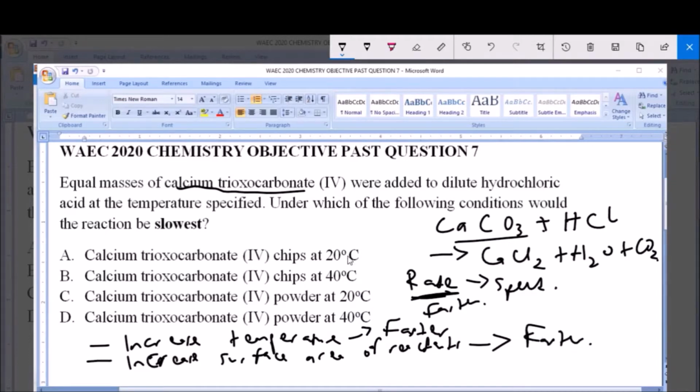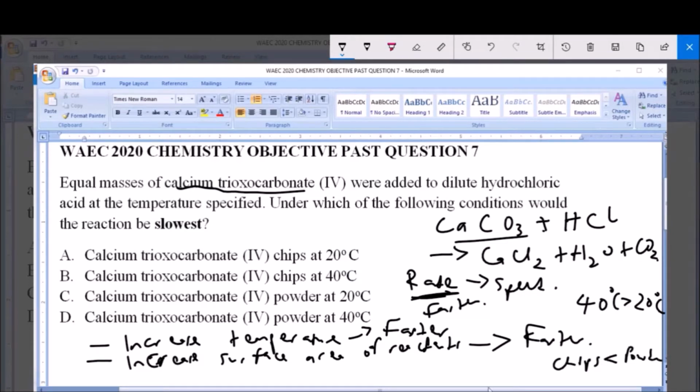Now, taking a look at the options given to us, you have chips, powder, 20 degrees Celsius, 40 degrees Celsius. So 40 degrees Celsius is a higher temperature than 20 degrees Celsius, and chips have a lower surface area than powder.